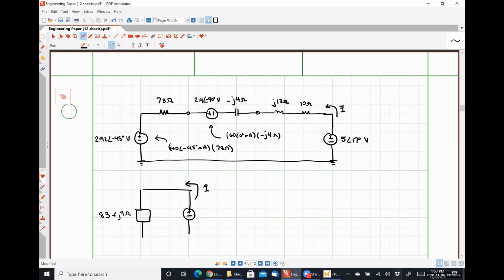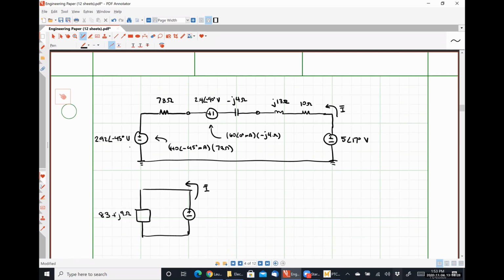All right, for my equivalent voltage source, let's see. As I follow this current I around, I can see that the 5 angle 17 degrees volts source has the same polarity as the 2.4 angle negative 90 degrees volt source, and it has the opposite polarity of the 2.92 angle minus 45 degrees source.